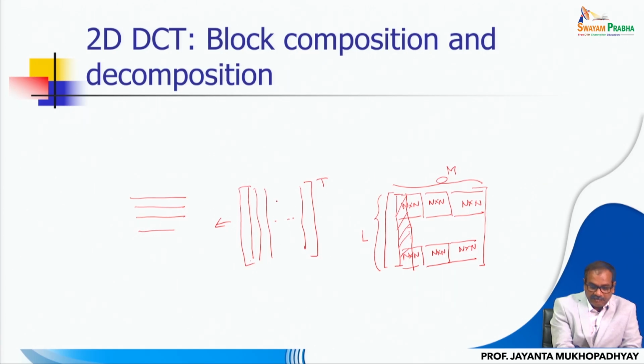Now if you make transpositions, these rows will become columns and the columns become rows, which I have drawn here. Again you apply the same merging transformation.